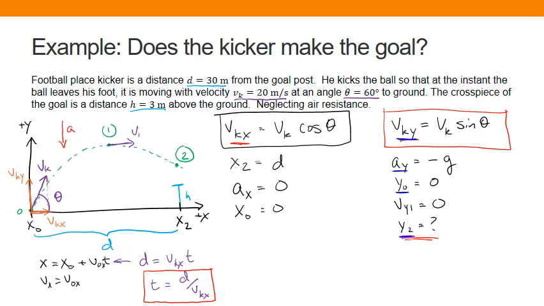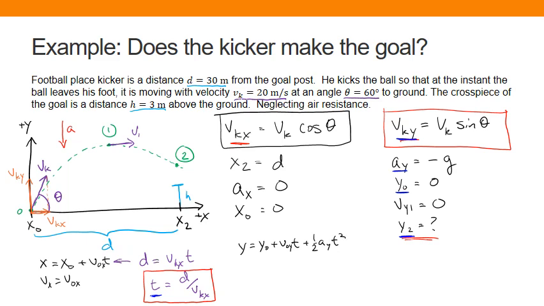There is an equation that includes all of those things and time. So I'm going to write down that equation now. y equals y naught plus v naught y t plus 1/2 a y t squared.